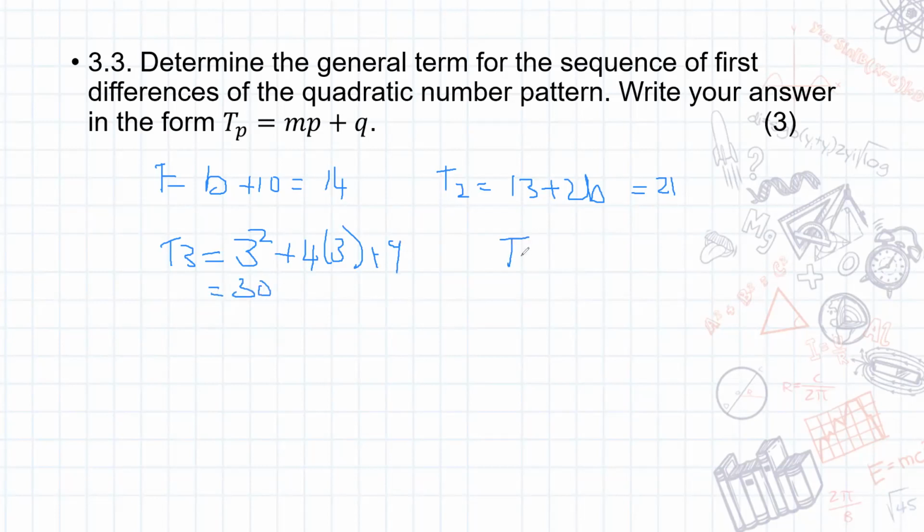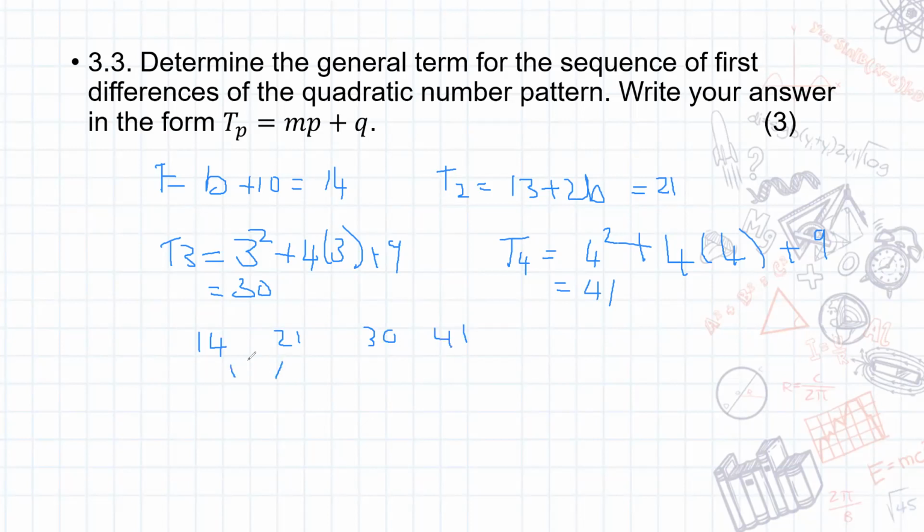And term 4 will be 4 squared plus 4 times 4 plus 9, which will give us 41. Now we need to find the first common differences of the sequence. So we've got 14, 21, 30, and 41.